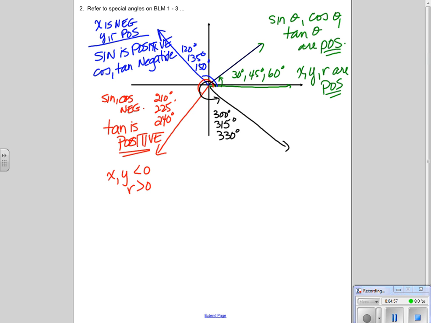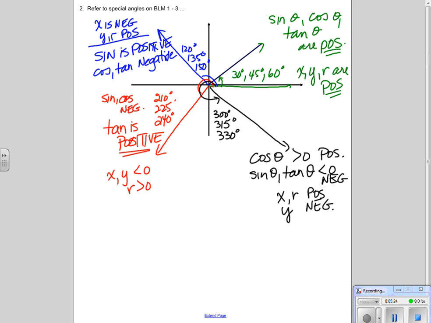Cosine is positive. The other two were negative. In this particular quadrant, your x value and your r value are positive, and your y value is negative.